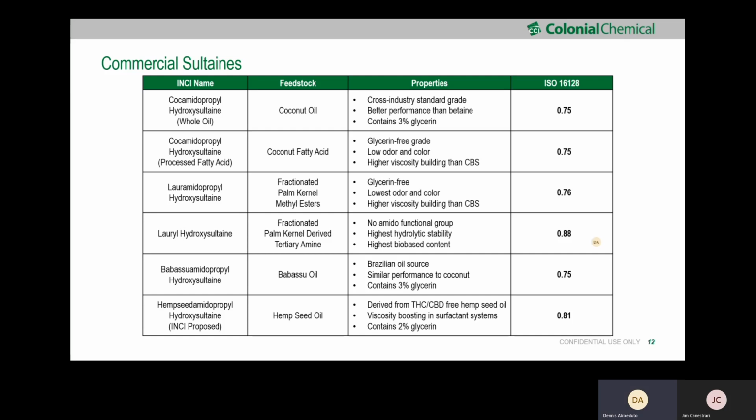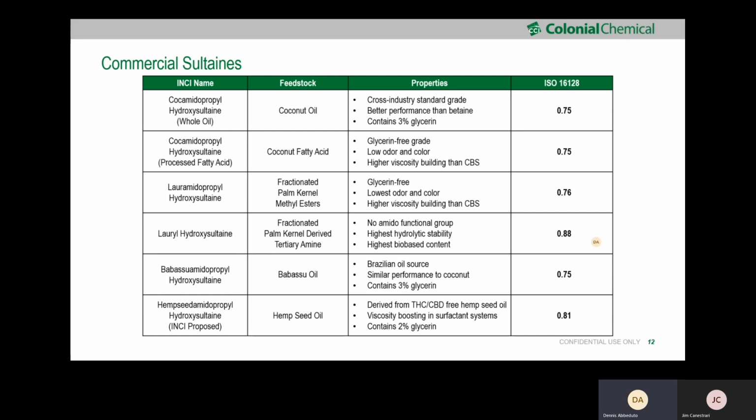Then finally, very new to the marketplace, has been introduced hemp seed amidopropyl hydroxysultaine. That's a proposed INCI name for that product. This is derived from hemp seed oil. The hemp seed oil is free from any THC or CBD, so it is globally compliant from the standpoint of being free from those potential contaminants.